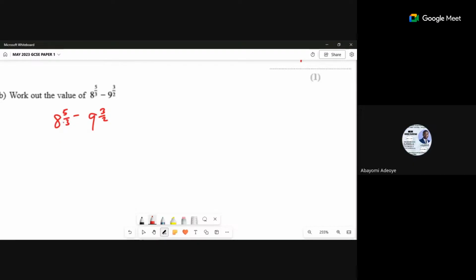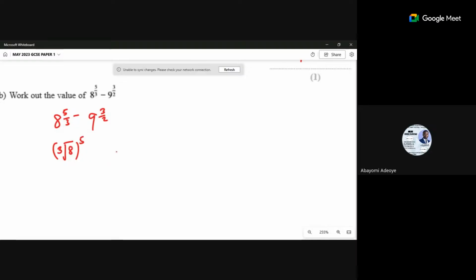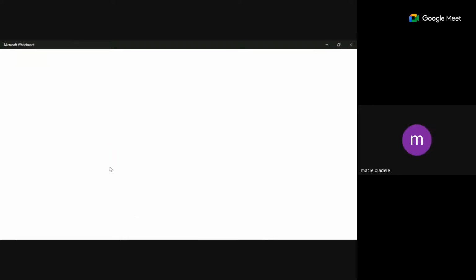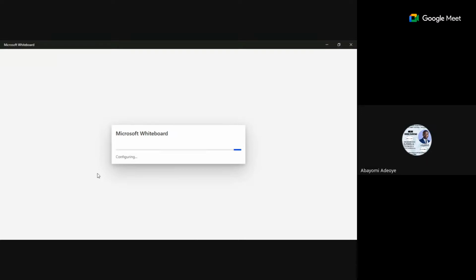So this is the same thing as the cube root of 8 to the power 5, minus the square root of 9 raised to the power 3.